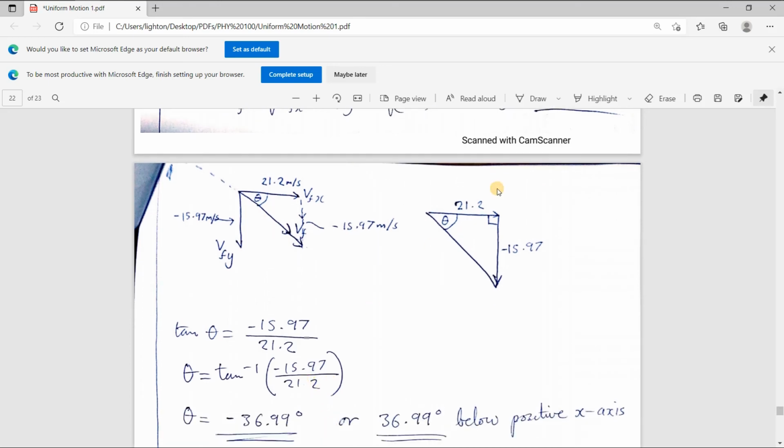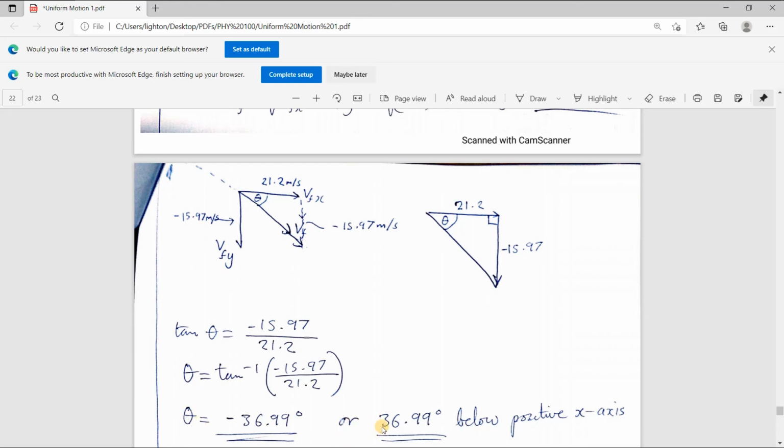So let's just be explicit. This is 21.2. This is minus 15.97. Now, to find theta, you just have to say theta is equal to tan inverse of this quantity, which gives minus 36.99 degrees. So this is minus 36.99 degrees. This is our direction.